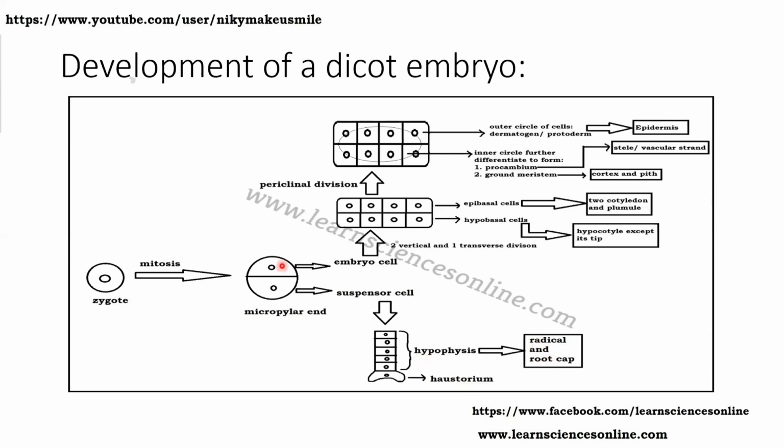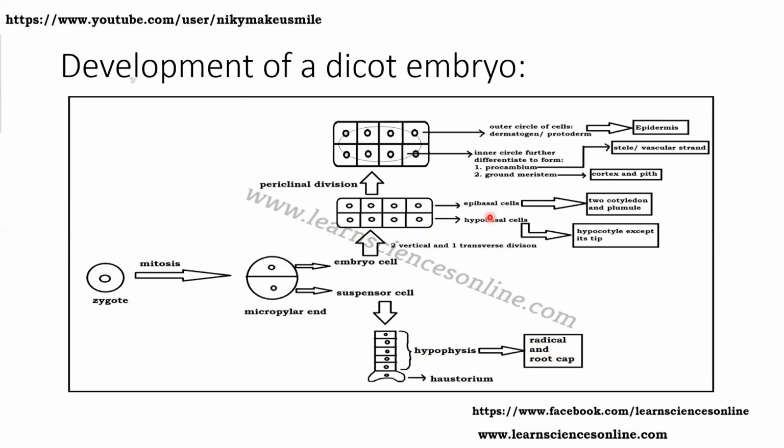Then this upper embryo cell, after two vertical and one transverse division, comes to the eight-celled stage. Four upper cells are known as epibasal cells and the lower cells are known as hypobasal cells.